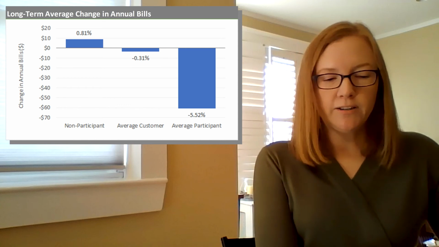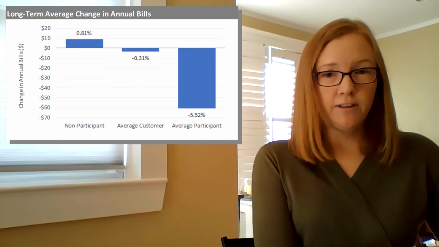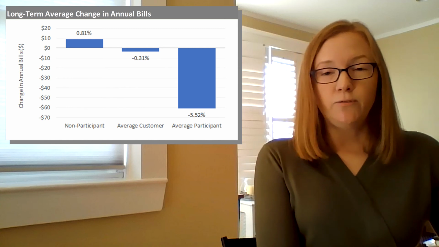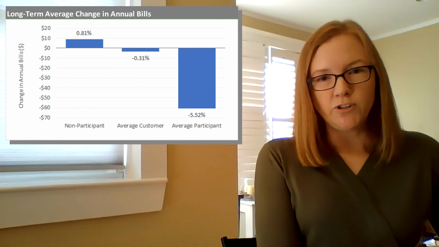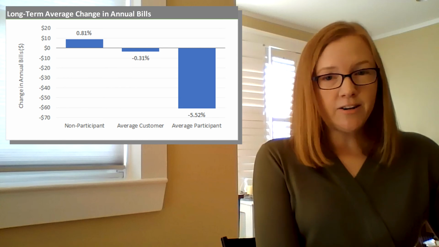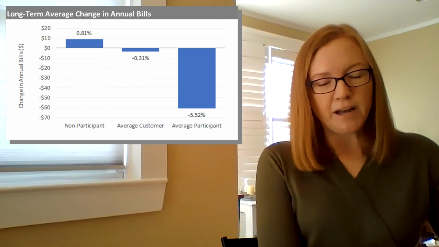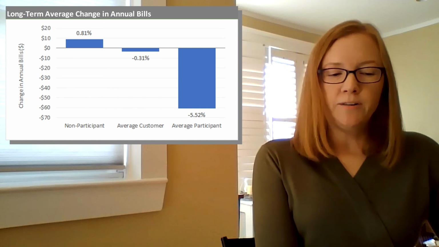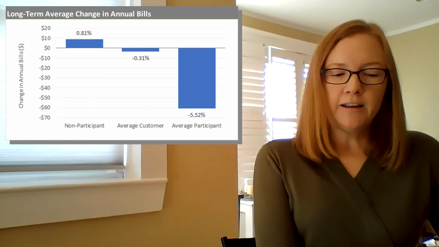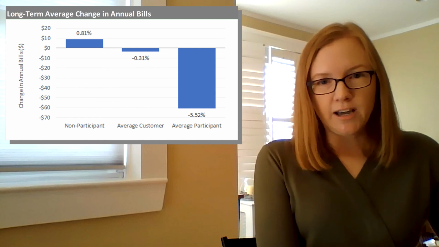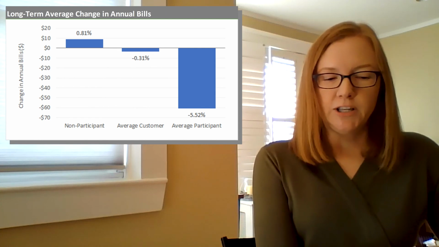They typically focus on that first year impact of the increase in rates. They really focus on the energy efficiency charge in isolation and not taking into account the long-term benefits. So it's really important that the message get out that this is really the right way to look at the impact of energy efficiency programs.